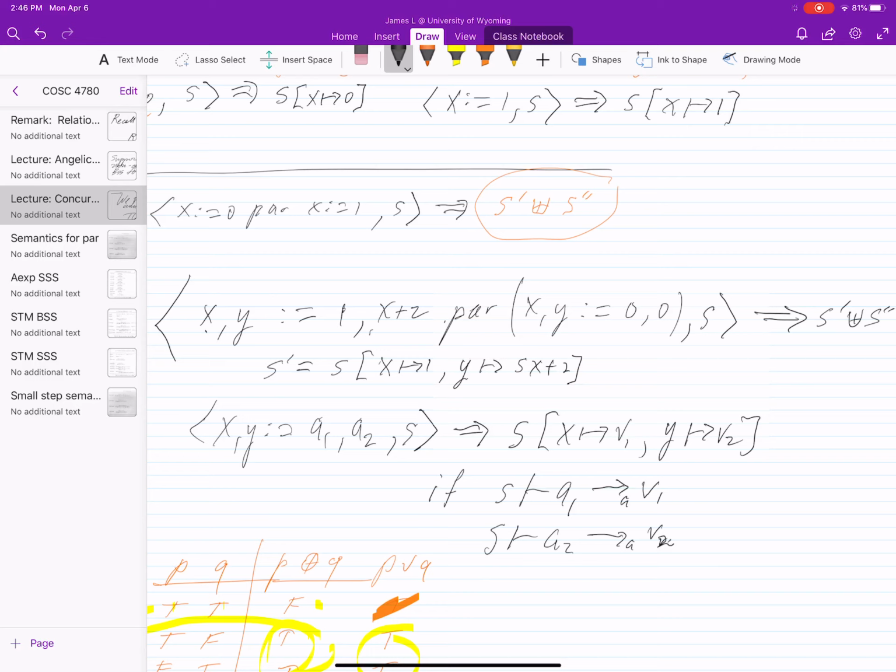Now, S double prime: my S prime would be the answer for this one, and S double prime is the answer for this one. So what is my S double prime? That is also S, but this time where X goes to 0 and Y goes to 0.